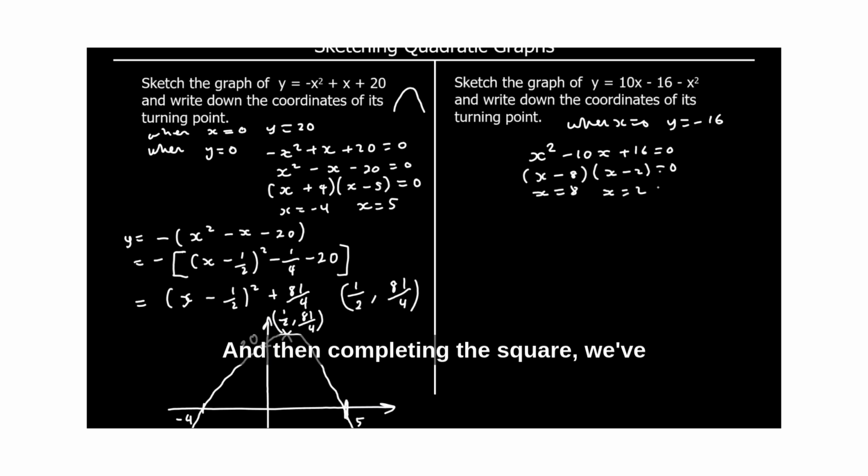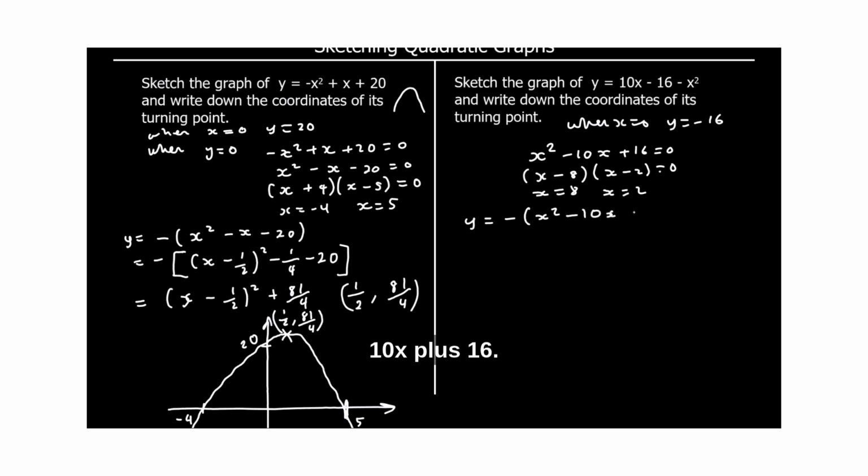And then completing the square, we've got y equals minus, and then all of this. So x squared minus 10x plus 16. Completing the square on this quadratic, half of negative 10 is negative 5.